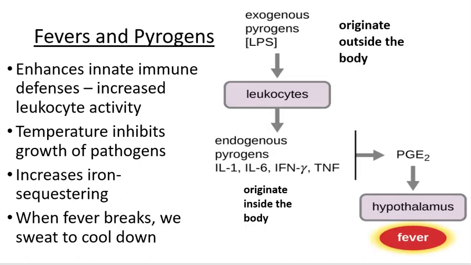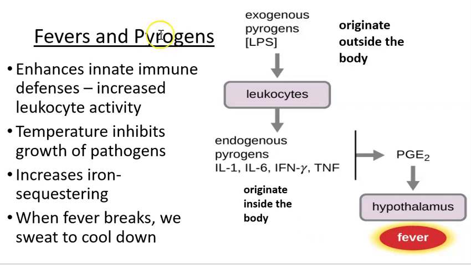If we look at this process, your leukocytes are going to be releasing a variety of different chemicals known as pyrogens, or things that create a fire, and that's going to be responsible for you getting a fever. We normally set our body temperature from our hypothalamus right here, and these endogenous pyrogens being produced by your cells result in your hypothalamus basically resetting its temperature.